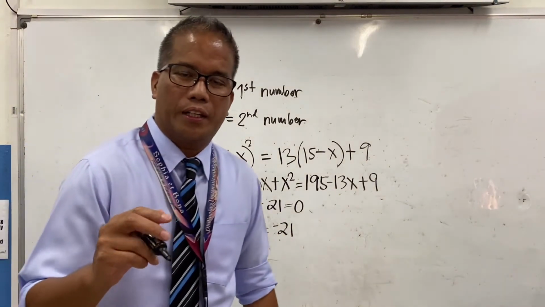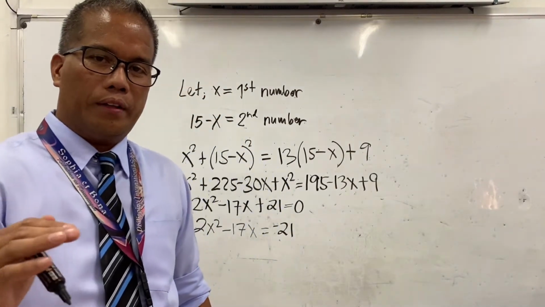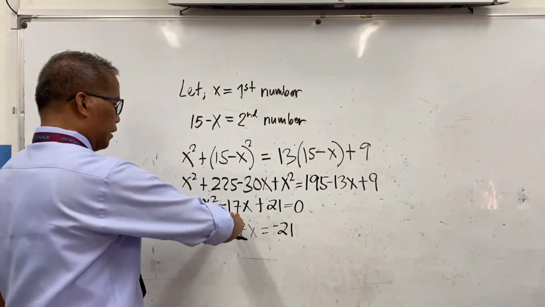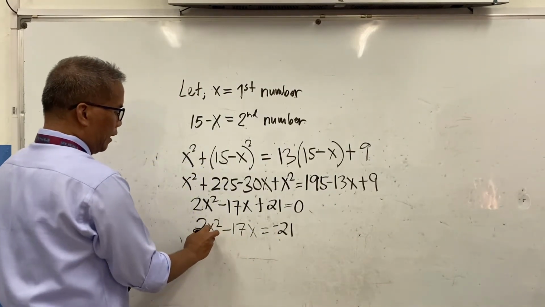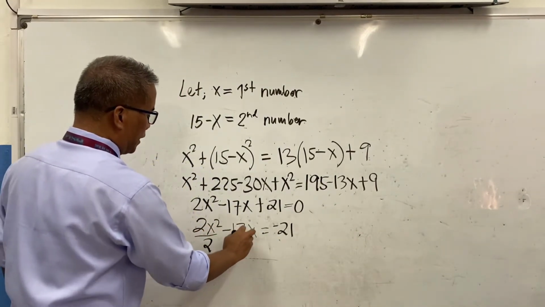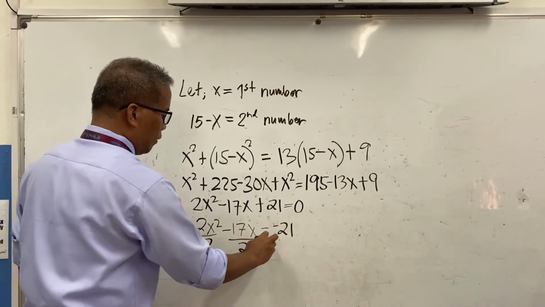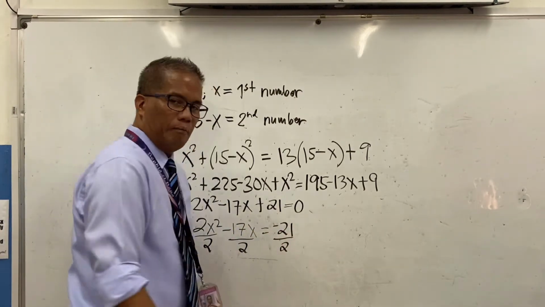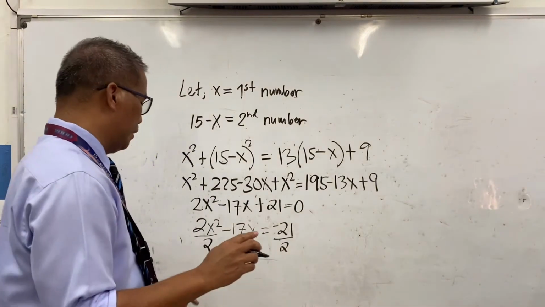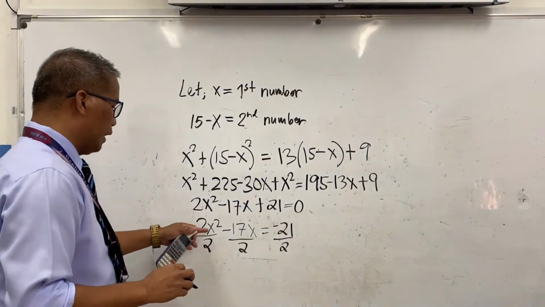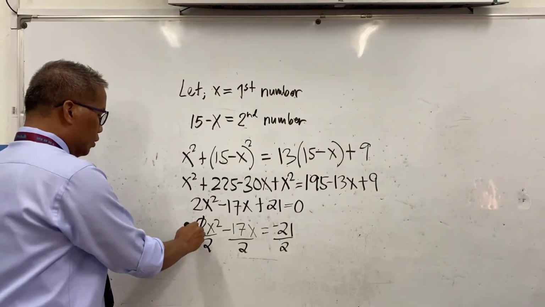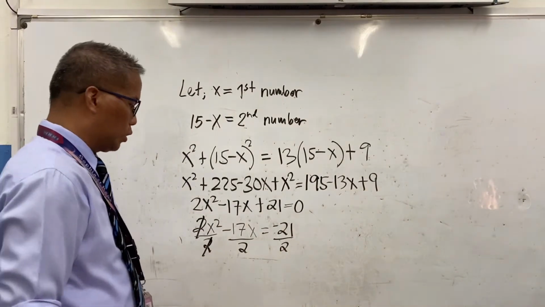So if you're using the completing the square method, transpose the constant term. Then after that, make the numerical coefficient of x squared become positive 1. So that is why we will divide all the terms by 2, because the numerical coefficient of x squared is 2. So 2 divided by 2 equals 1.